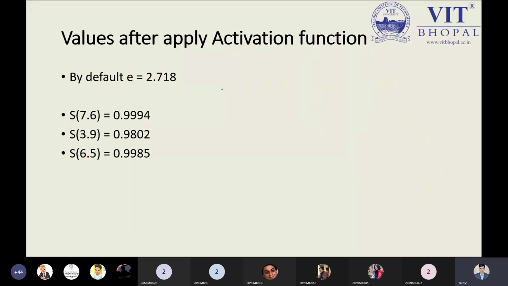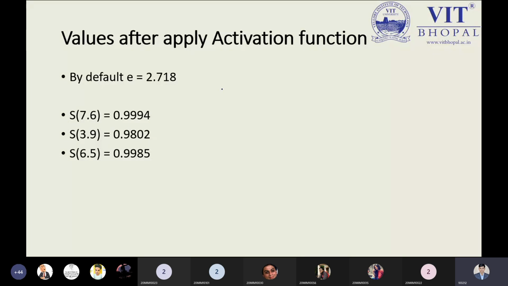The values after applying the activation function we got are 0.994, 0.89802 and 0.9985. Why the difference? Because some people use 2.7 for the e value, some use 2.71, and some use 2.718.